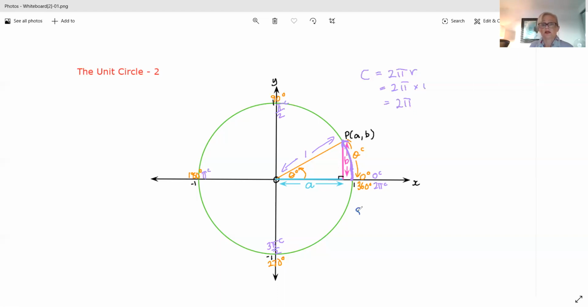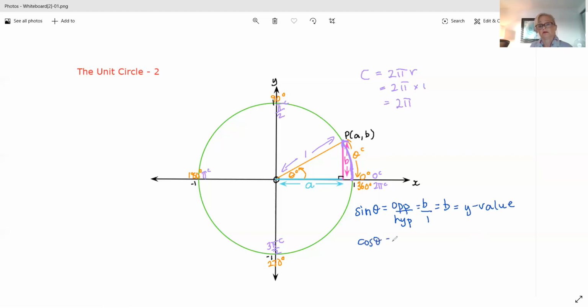All right, well, sine of theta is opposite over hypotenuse. What is the opposite side? Opposite side is B. Hypotenuse is 1. So B divided by 1 is just B, isn't it? Now that's actually the same as your Y value. Interesting.